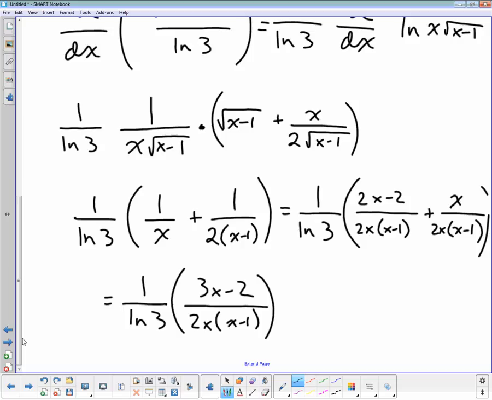I probably would have settled with three lines above it, but as long as you did that product rule, I'd probably be fine. If you stopped here, I'd be fine. You don't have to go so far. I don't need you to spend time cleaning it up.